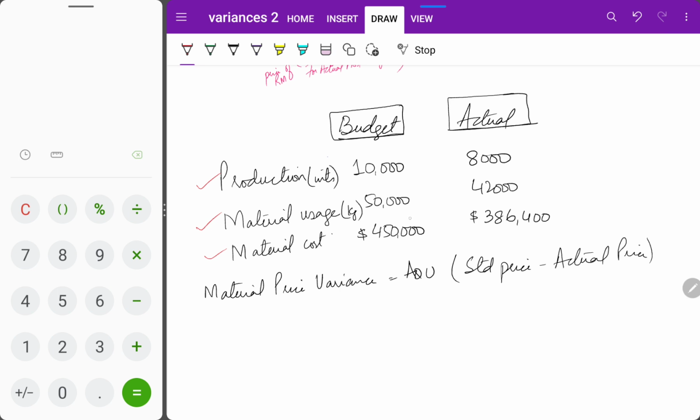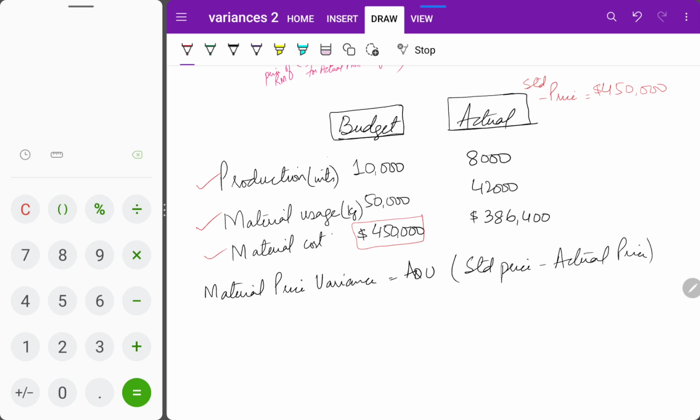Standard budgeted material cost is 450,000. Price is usually per kilogram, per liter, per meter. So for the calculation of standard price, we will divide 450,000, the budgeted cost, by either 50,000 or 10,000.